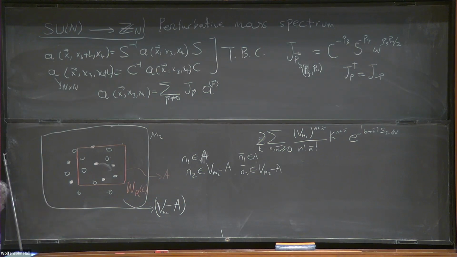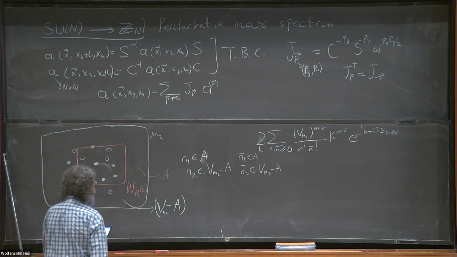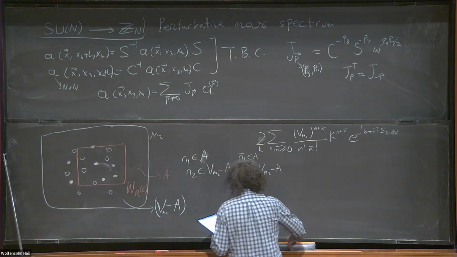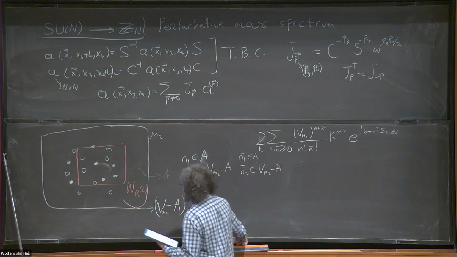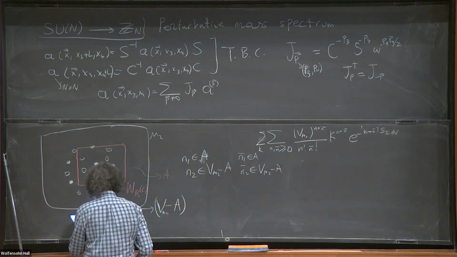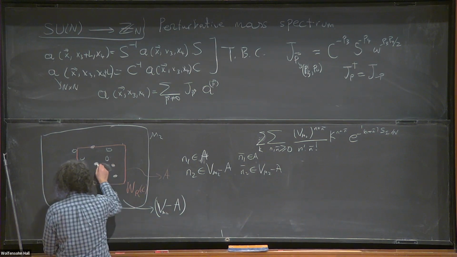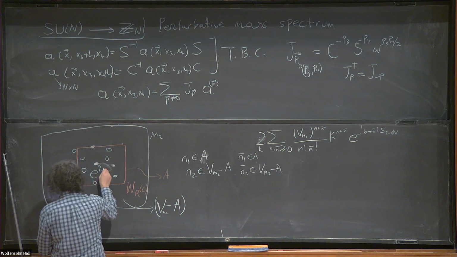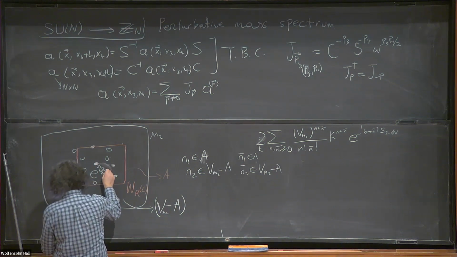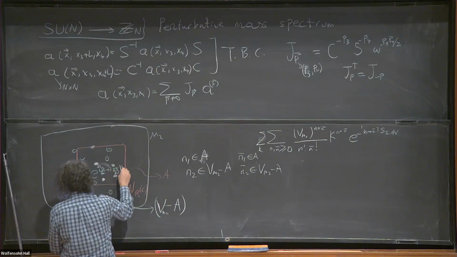Okay, I will still do the same sum, but the ones inside will do some interesting things. If you have a vortex inside, it will have this exponential i θ over n, but it will also have i 2π over n times the representation R.